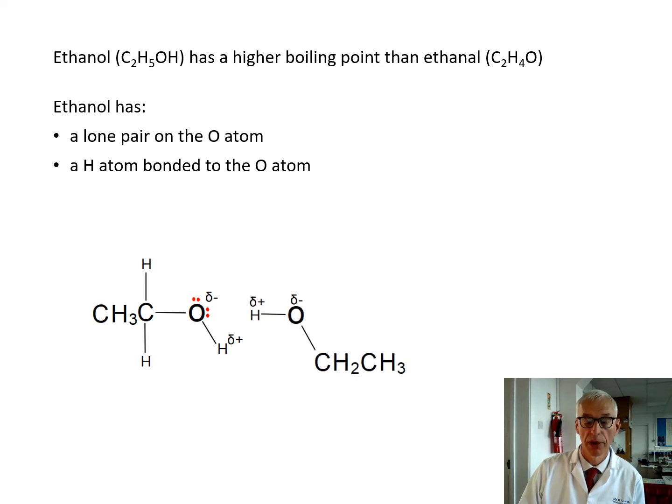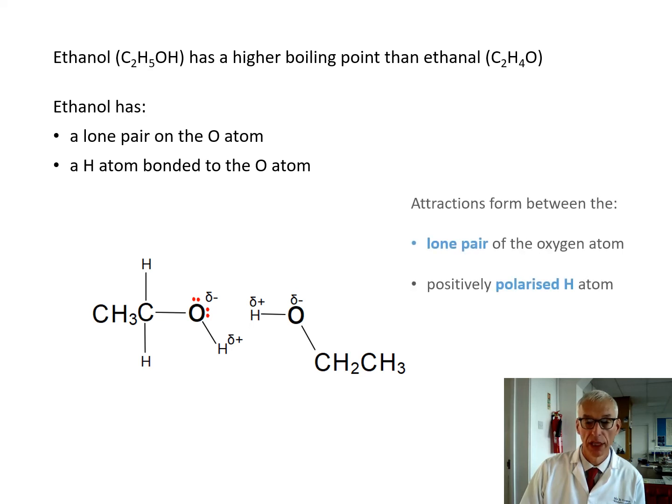If I line up another ethanol molecule, we will see that the lone pair of electrons on the oxygen of my left hand ethanol are pointing directly at the hydrogen delta plus of the right hand ethanol, and therefore attractions can form between those two components.